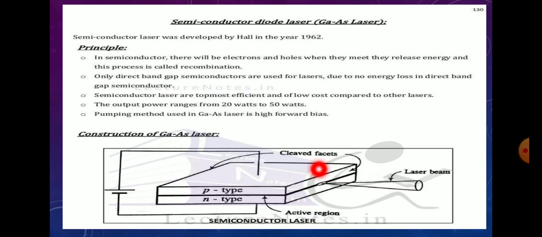Then an electron and a hole combine and are neutralized; one positive and one negative charge become neutral. In the active medium under forward bias, the depletion region thickness is 0.1 micrometer, meaning 10⁻⁷ meter.